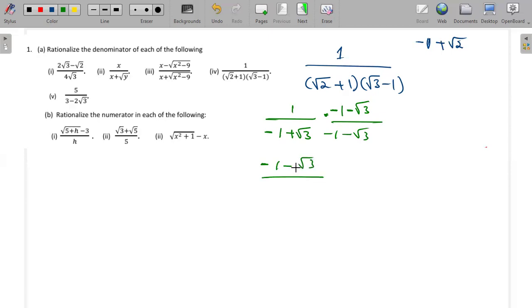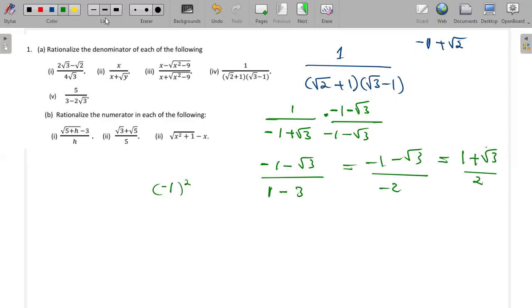And then down there, you have negative 1 squared, that just gives you positive 1. Then minus the root 3 squared just gives you 3. And then here you just get negative 1 minus root 3. Then down there, you have negative 2. So the negatives can divide, then you just have 1 plus root 3 over 2.